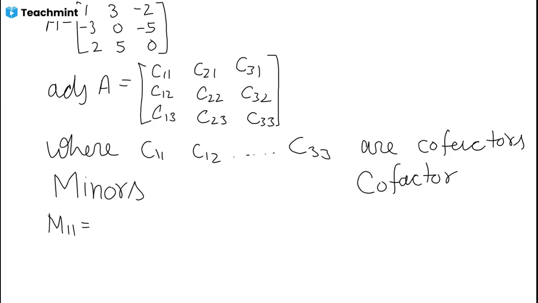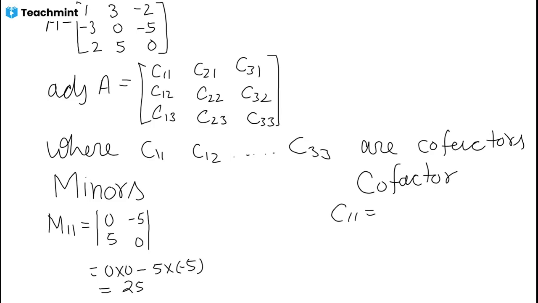Leave the element of first row and first column of the matrix and write down here what is left. So we have 0, 5, minus 5, and 0. So obviously 0 into 0, minus 5 into minus 5. So we have plus 25. And so C11 is equal to minus 1 to the power, we'll add these numbers 1 plus 1.